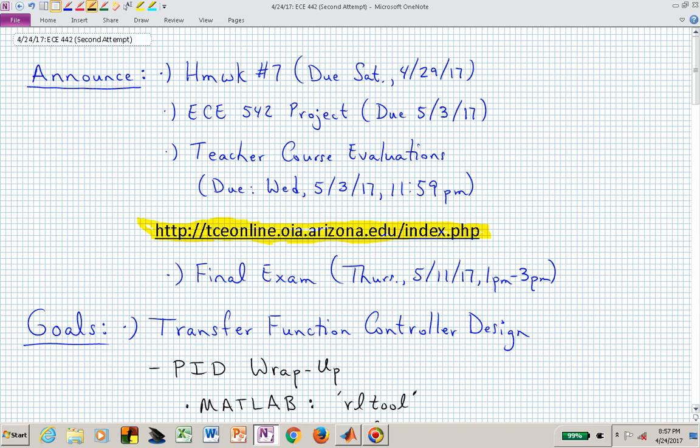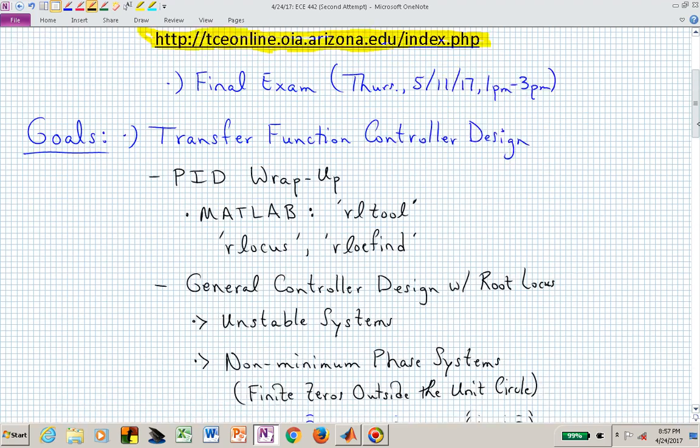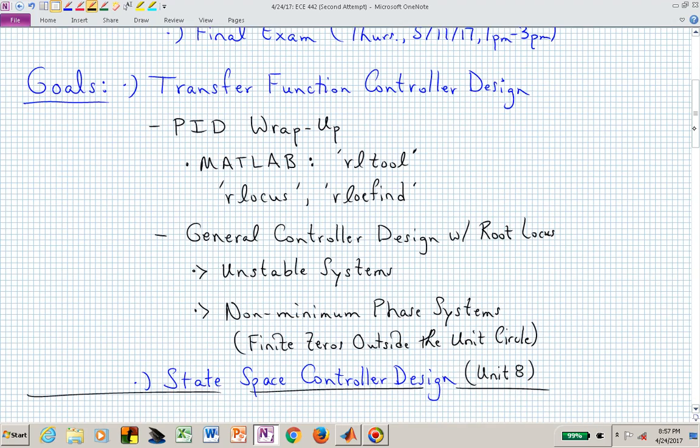in this classroom. Today, what I want to do is wrap up the transfer function controller design approach, and we've been recently talking about the PID controller.